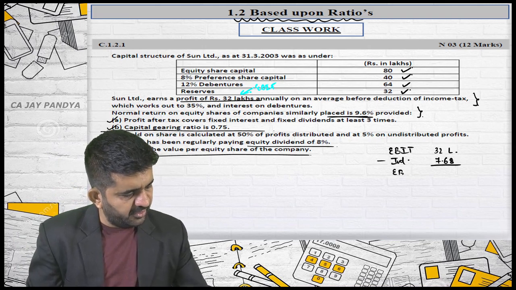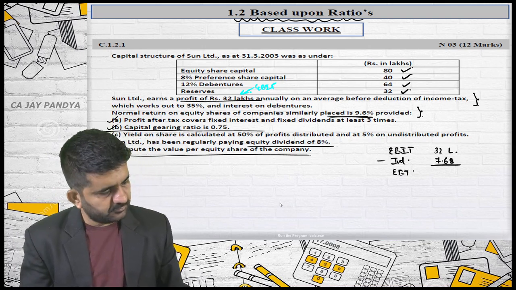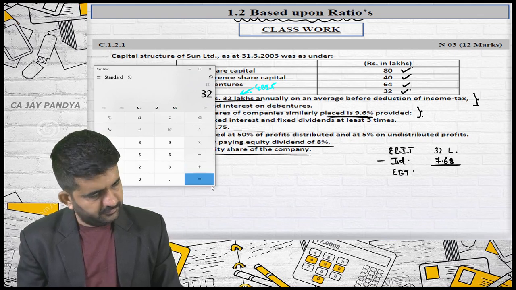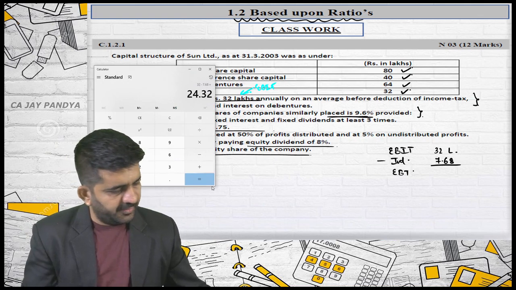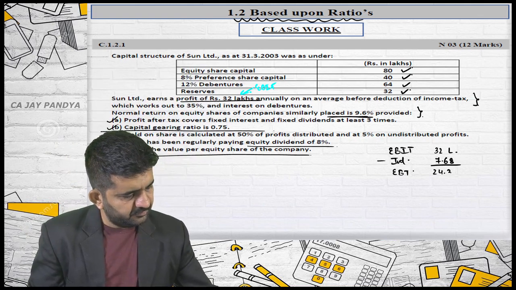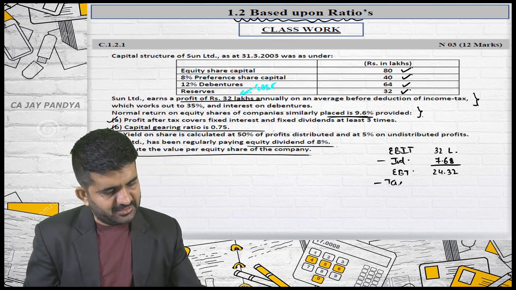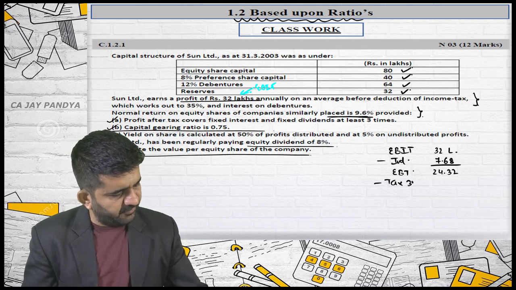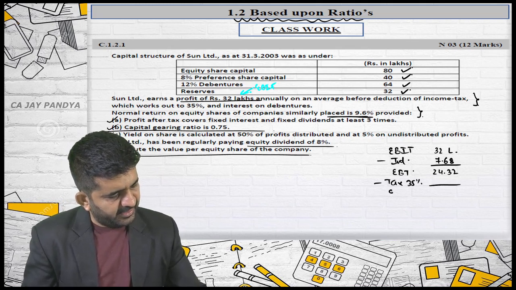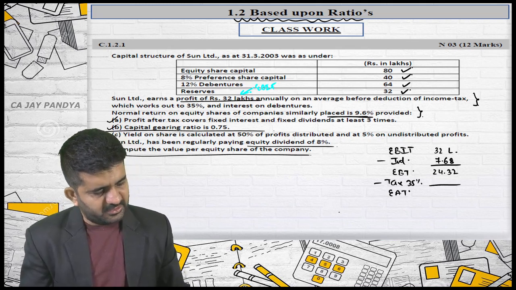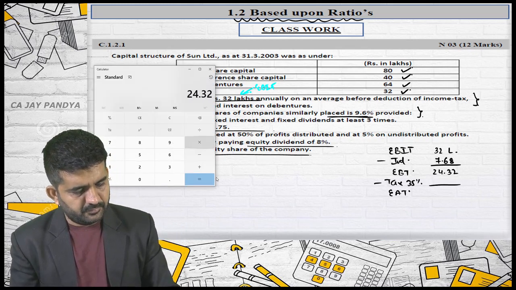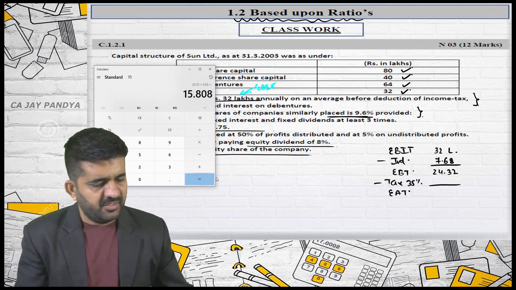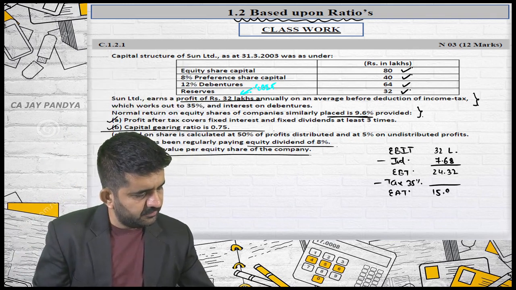This will be earning before tax, $24.32 minus tax is 35%. I can easily get earning after tax. It is 24.32 into 65%. It is 15.808.